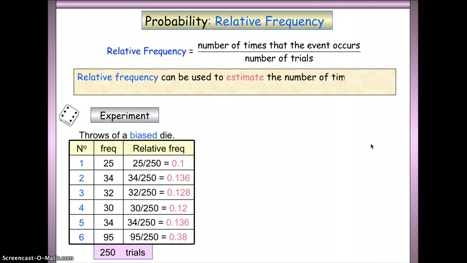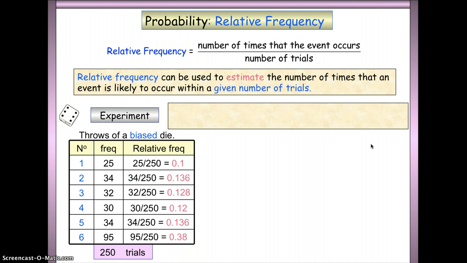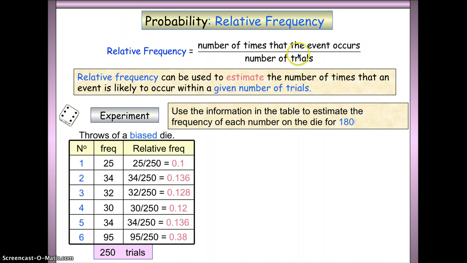Relative frequency can be used to estimate the number of times that an event is likely to occur within a given number of trials. So, for example, when you are using this table to estimate the frequency of each number on the die for 1,800 throws, using the same die, a biased die or an unfair die, and you're going to throw that die 1,800 times.